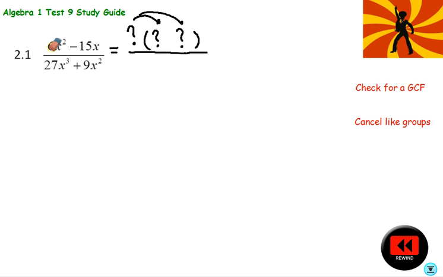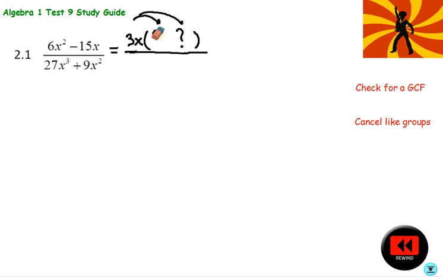What number goes into 6 and 15? Both of those numbers are divisible by 3, so there must have been a 3 on the outside. What we're finding here, by the way, is our greatest common factor. Then you ask, do they have any variables in common? They both have an x in common, so there must have been a 3x on the outside.